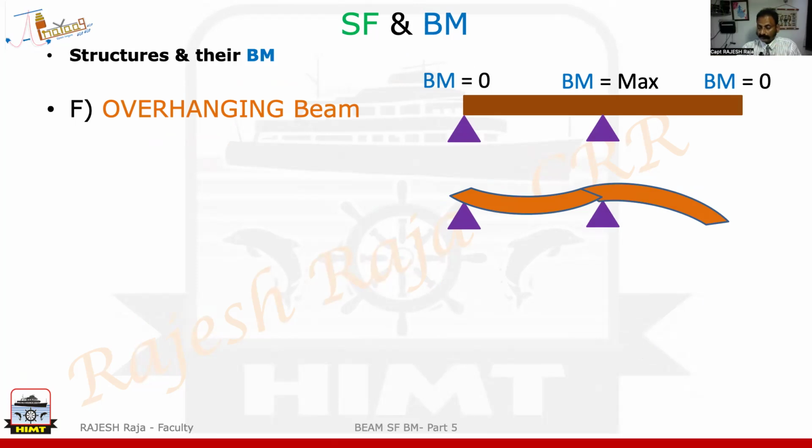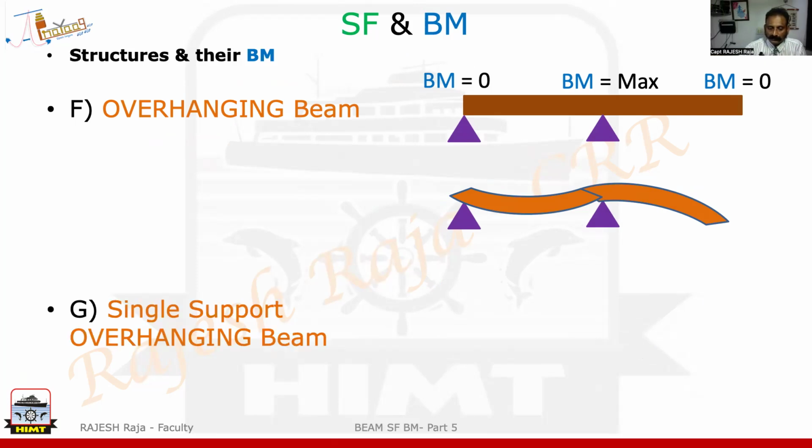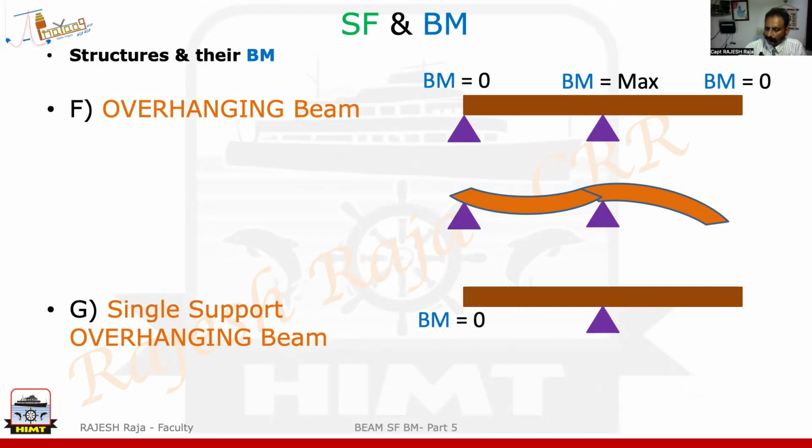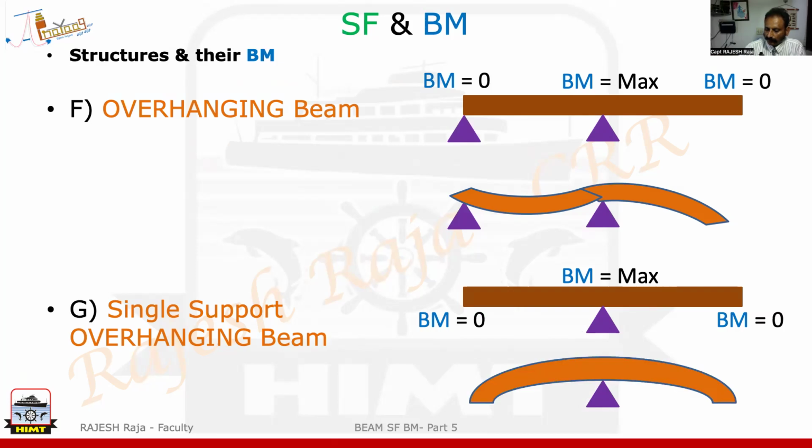I cannot guarantee this, but it's possible, depending on what the weight is. Let us look at a single support overhanging beam. This is only single support. It is somewhat like your seesaw. You will see BM is going to be minimum here, and max here. And this will look as if it is doing this.